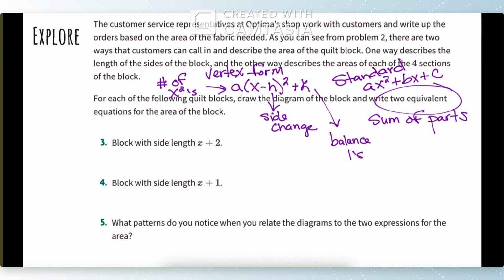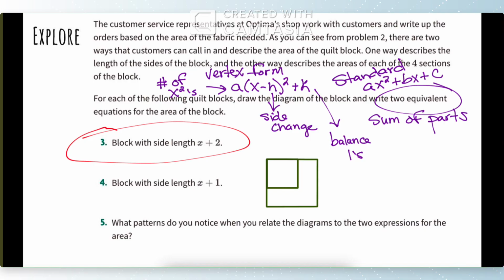So, looking at this first one, we can do number 3, and then maybe I'll have you do number 4. If I were to draw this picture, I've got my x squared, and then I've got to add 2 units on each side. So here's my x plus 2, and then another x plus 2 on this side.